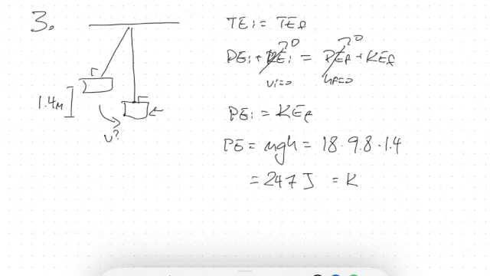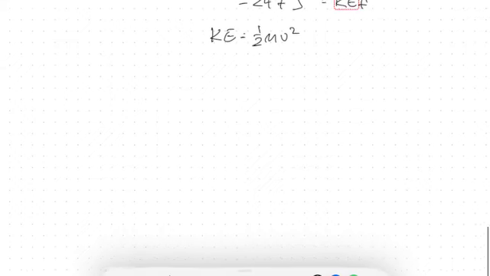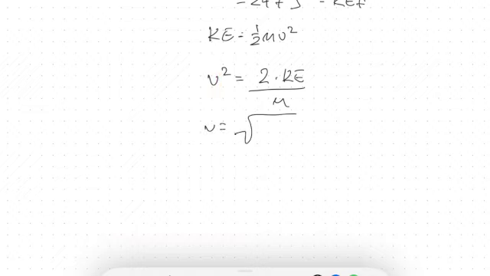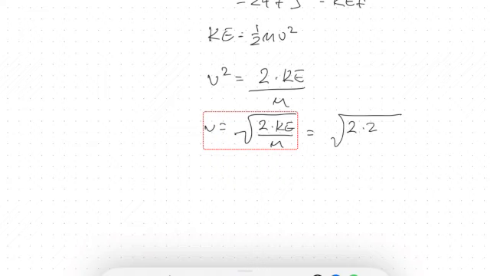And that will be the kinetic energy final. The kinetic energy equals 1/2 mv squared. So we're looking for the velocity. Velocity squared equals 2 times kinetic energy over mass. So velocity will be square root of 2 times kinetic energy over mass. Square root of 2 times 247 over 18.